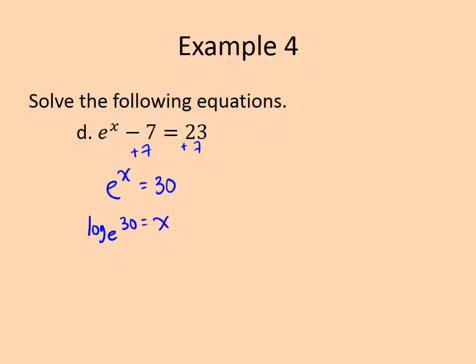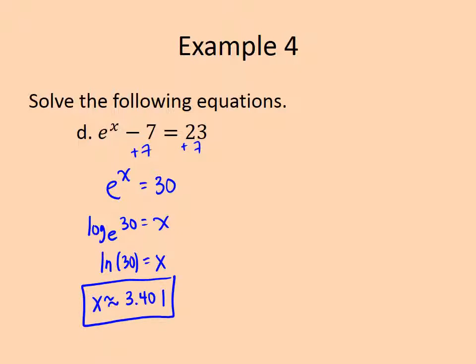And as you remember, log base e is really the natural log. So we rewrite that as the natural log of 30 equals x. Now the natural log of 30 is an exact answer, but if we want an approximate answer, we would plug into our calculator the natural log of 30, and we would get approximately 3.401.